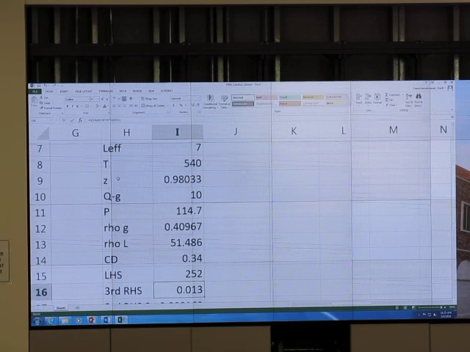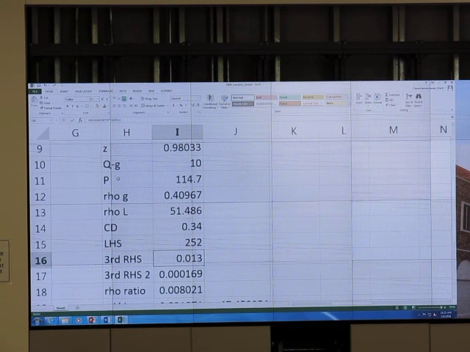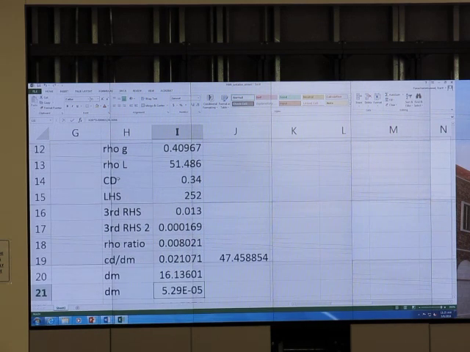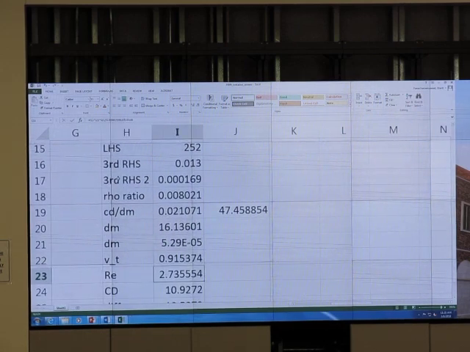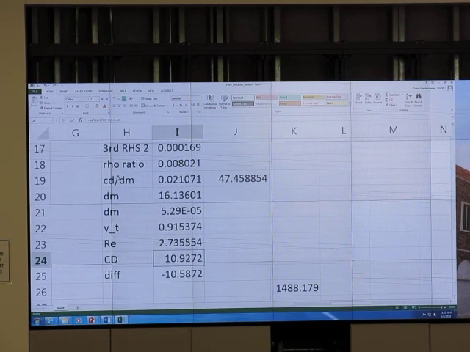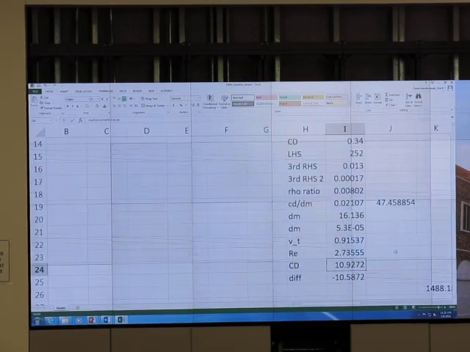Left hand side of that 420 equation, do the calculation, get d_m, then calculate velocity, calculate Reynolds number, calculate the new drag coefficient, and look at the difference. The difference is input minus output or output minus input, right? And what's the next step? Trace, what's the next step? Do you know? What?